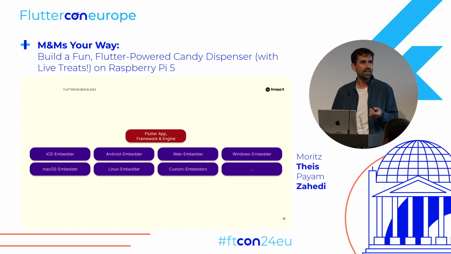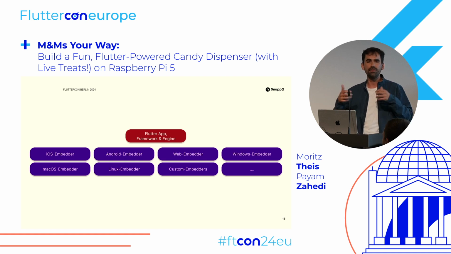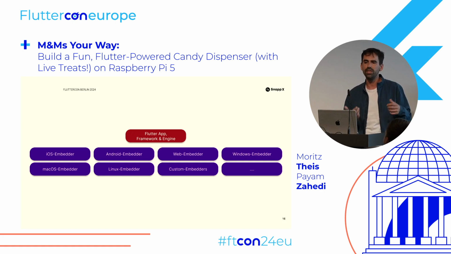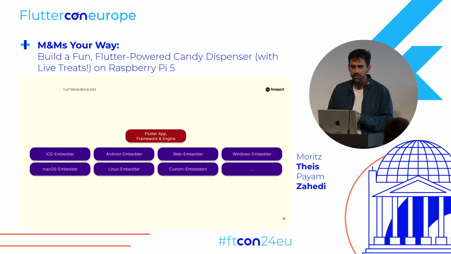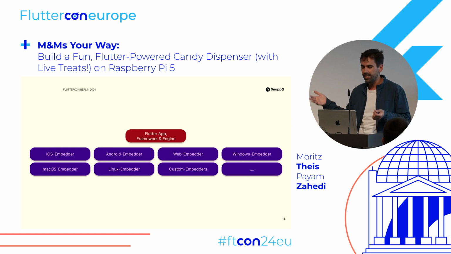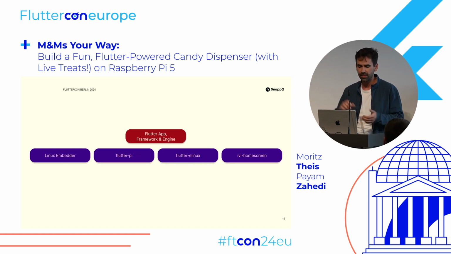Or even if a platform was included, we could write another custom embedder that maybe uses other dependencies, makes a few things different, and is a competitor to the original Flutter embedder. And that is what Flutter Pi, Flutter eLinux, and IVI home screen are: custom embedders.